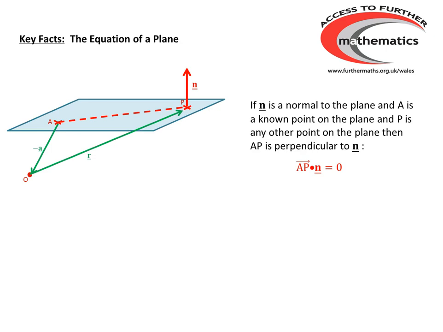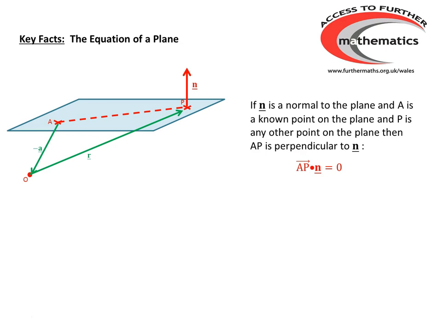The movement from A to P can be described in terms of the position vectors of A and P. To move from A to P, we need first of all to go from A to O, which is minus a, little a.